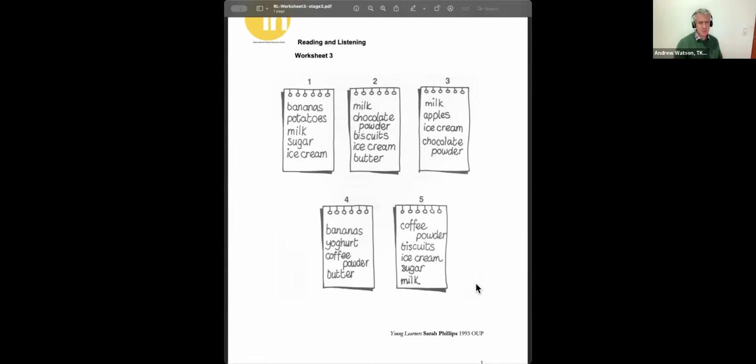Yeah, it's like which lists don't contain fruit? Which list contains a dessert? So I mean, that could be a reading task, second reading task.